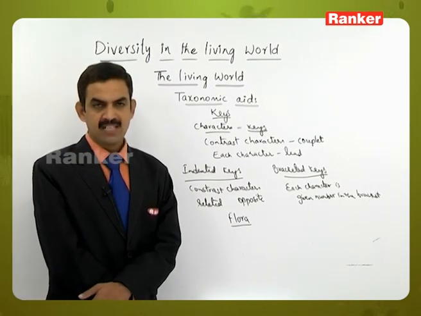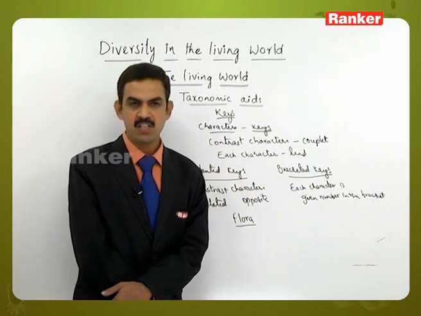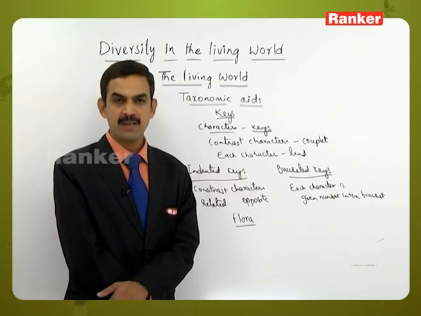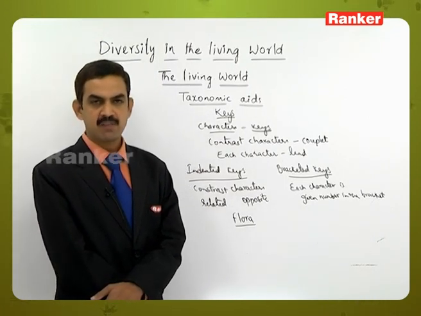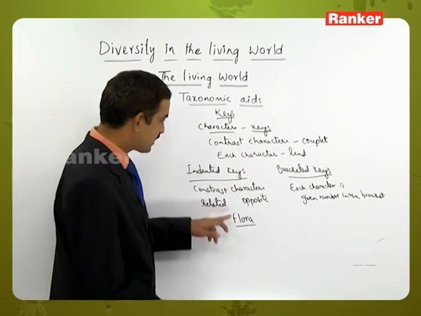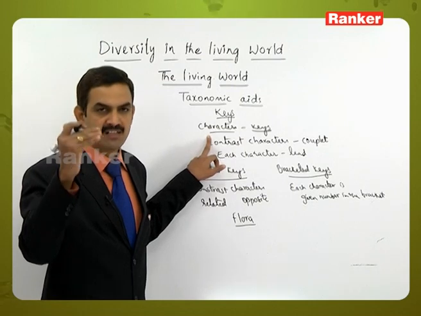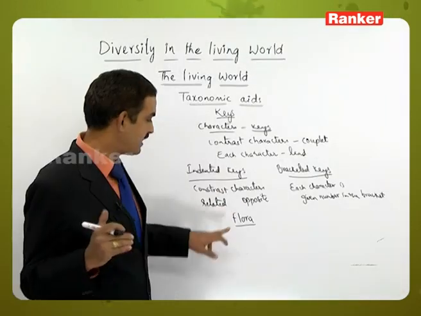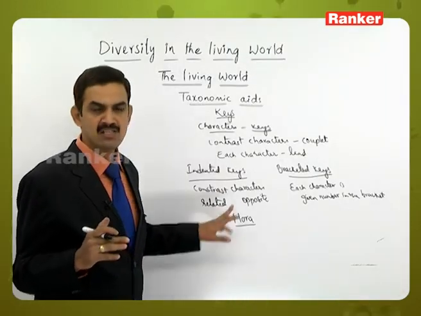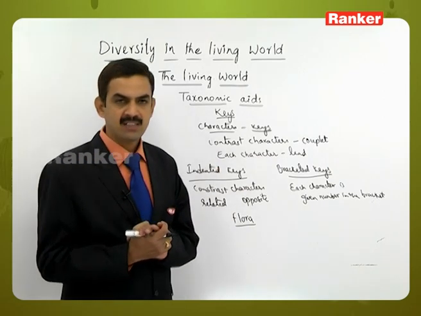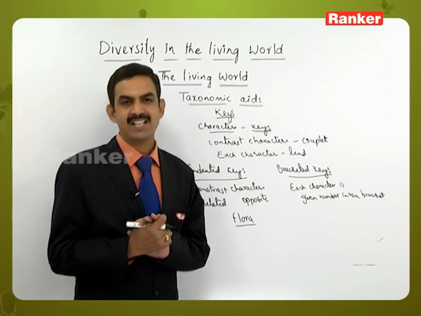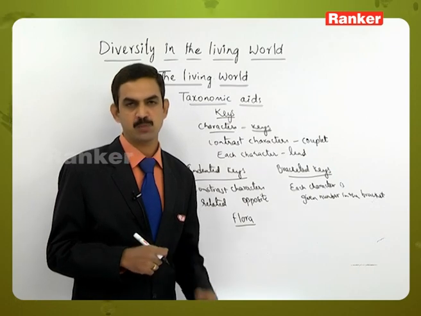Flora includes the characteristic features of a group of individual plants, which help in reference and also the identification of the plant species. In the flora, when you are describing one plant, the characters of the particular plant species will be given in the form of keys. So this is one of the identification or taxonomic aids.